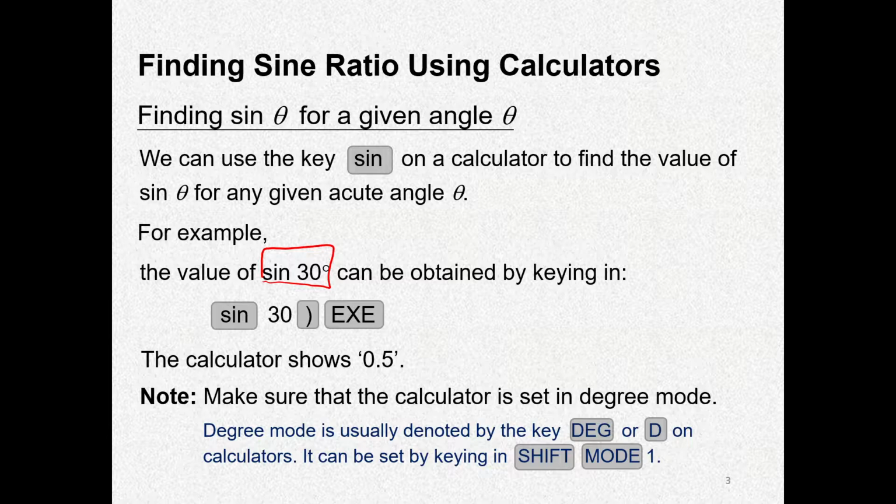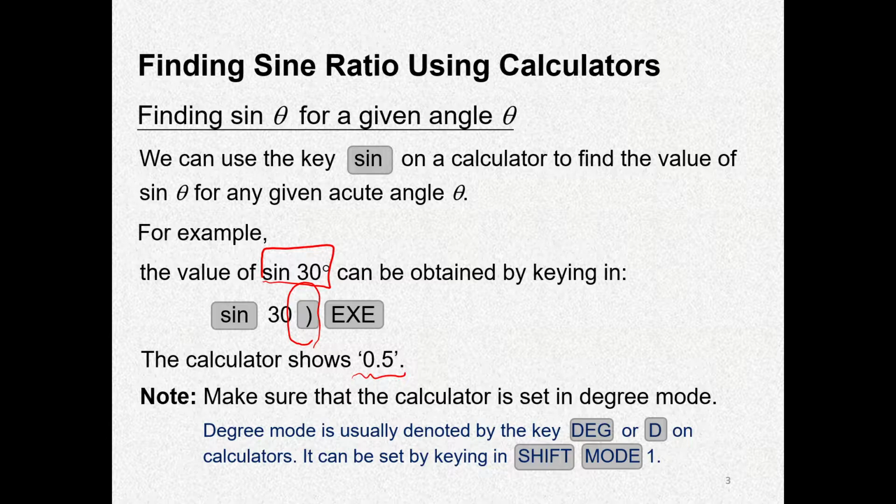And then the calculator will show you 0.5. Can you get it? So bear in mind, the close brackets tells your calculator this is the end of your angle. Okay, it is very important.